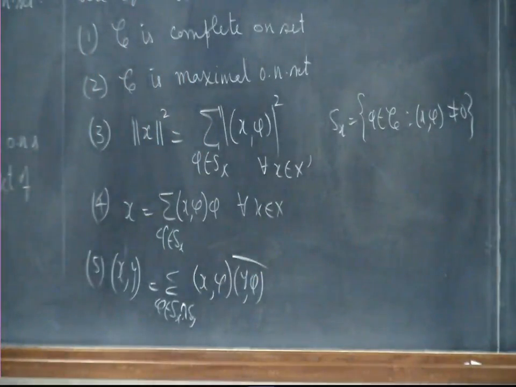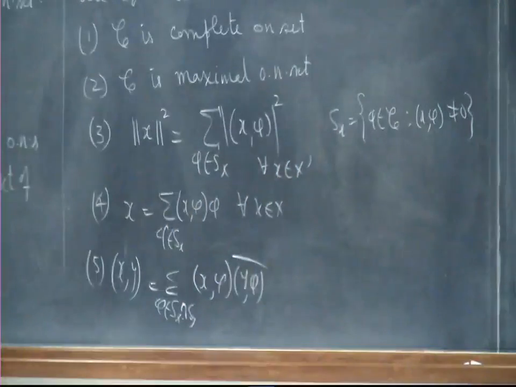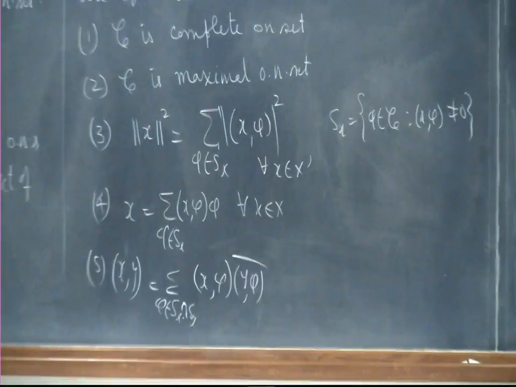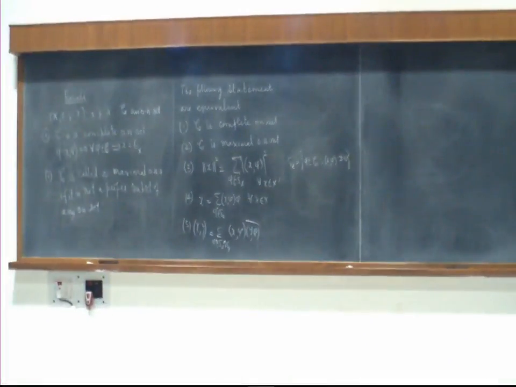All these statements are equivalent. If one of them is true, everybody else is true, and if one of them is false, all others are false. So, all this is what we had. This is the notion of a basis that we want to work with in inner product spaces.